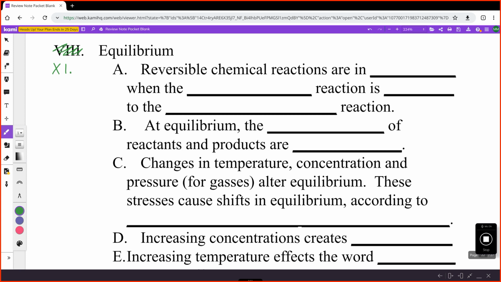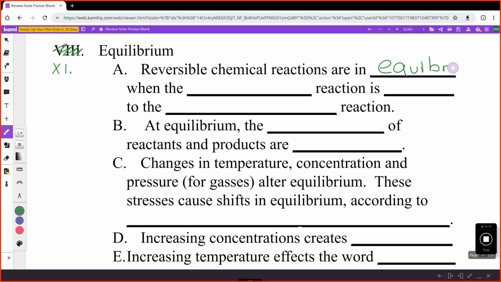So let's talk equilibrium. Equilibrium is a reversible chemical reaction, right? You could take reactants and turn them into products. You could take products and turn them back into reactants. And this happens constantly with something that's at equilibrium. So they will be in equilibrium if two things are true.